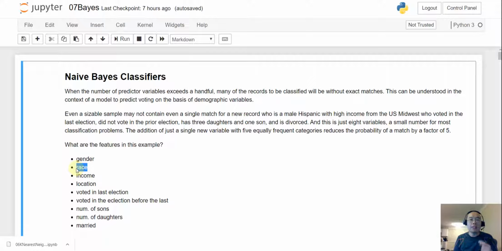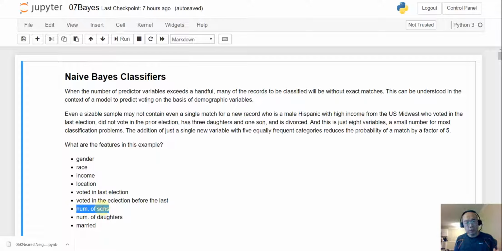However, this person is not Hispanic, he's Asian. So do you want to consider this person a close enough neighbor to the sample we want to predict? Or if we have another possible candidate, and this person has all the attributes exactly the same except for the number of sons.